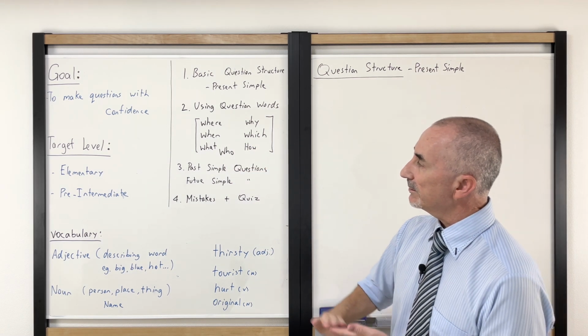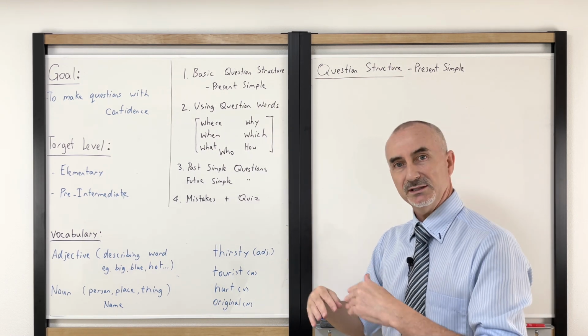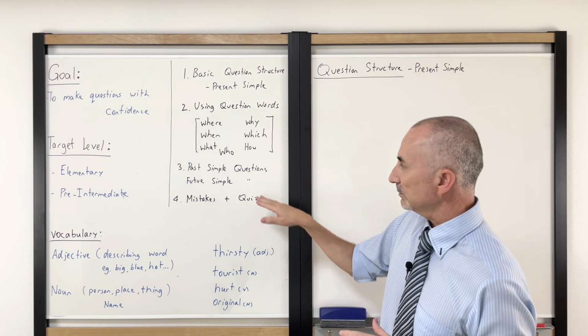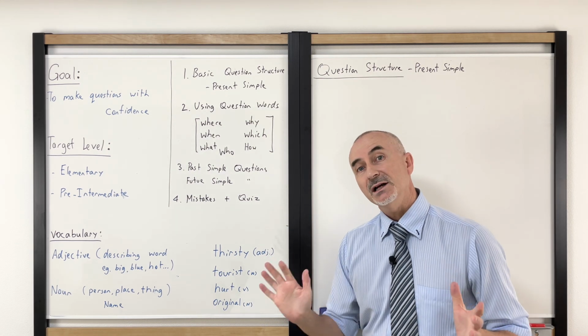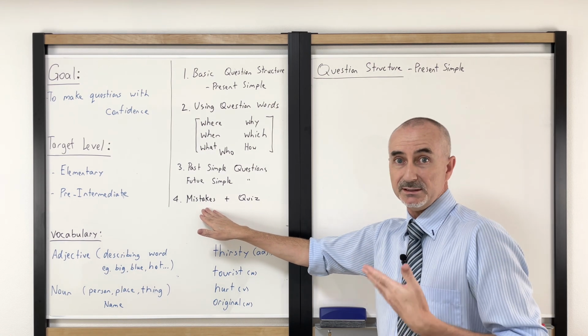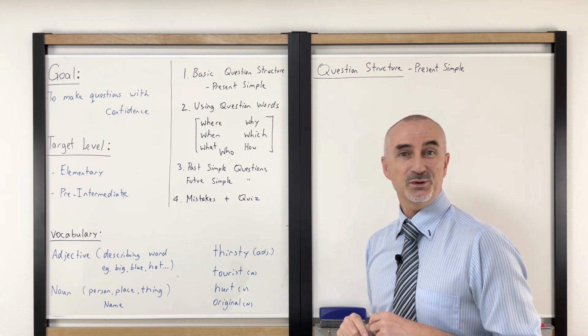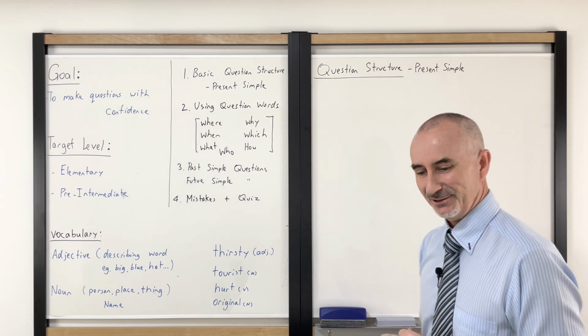And then we'll move to the next step, which is making questions in past simple and also the future simple. Finally, we'll finish the lesson with some common mistakes that students make, and also with a little quiz to check if you learned everything I taught you.